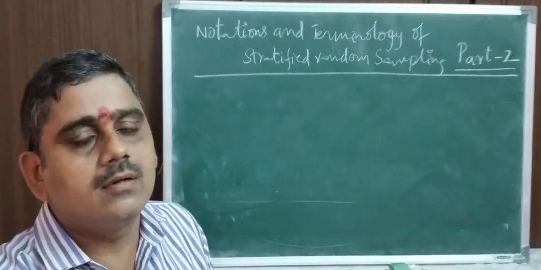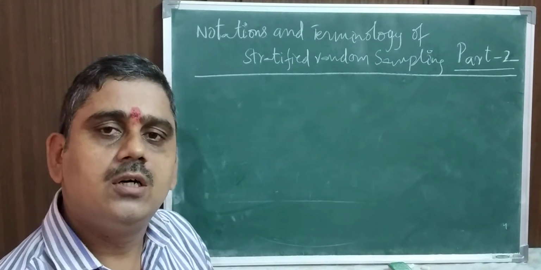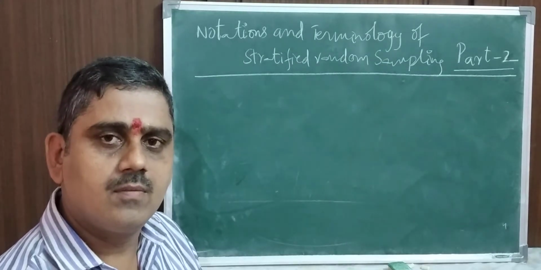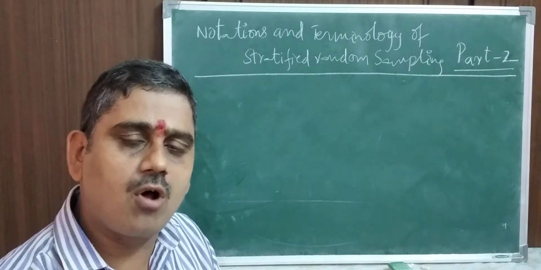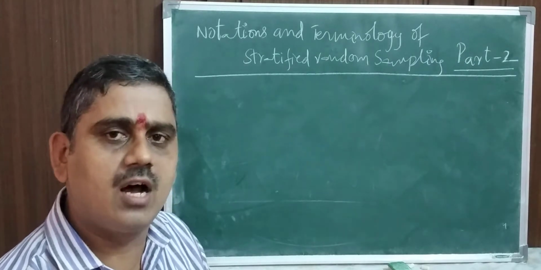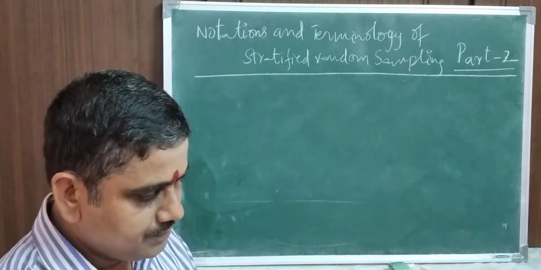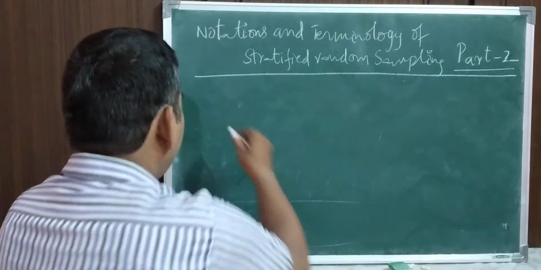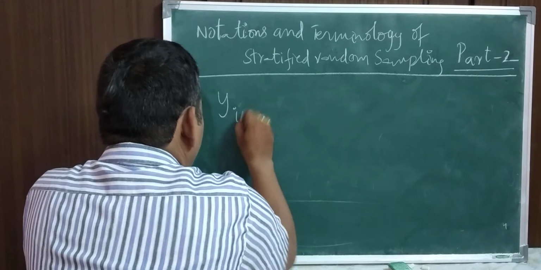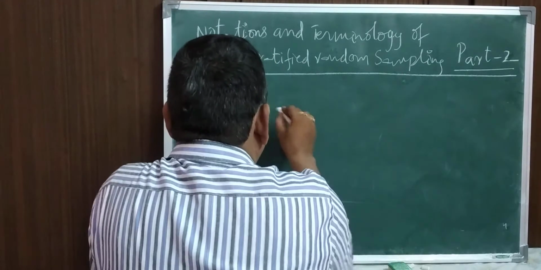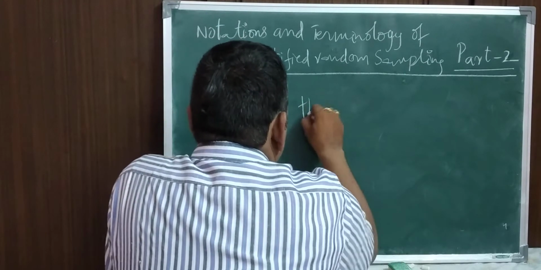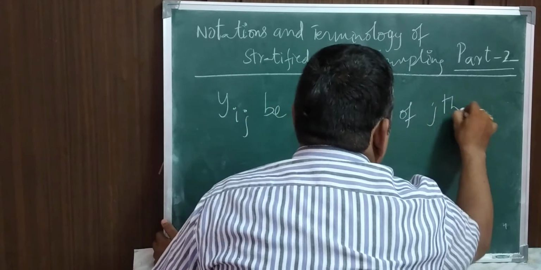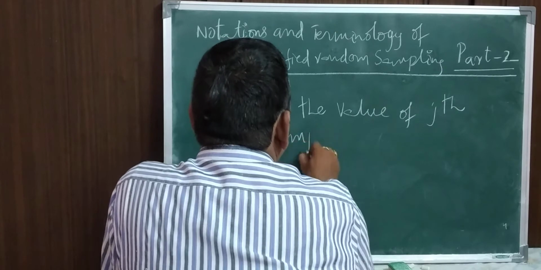Now we learn regarding all the values of the samples, all sample units. Regarding all sample units, we learn the formulas. First of all, we define one notation of the sample. yij. What is yij? Let yij be the value of the jth sampled unit.